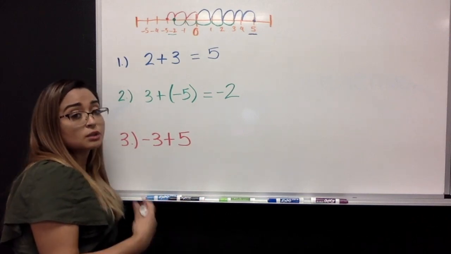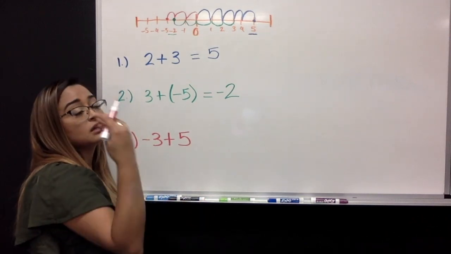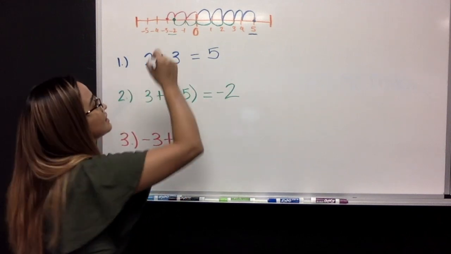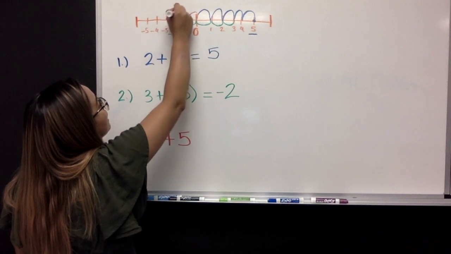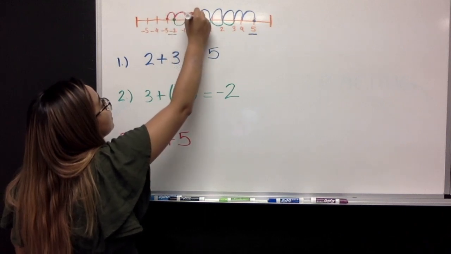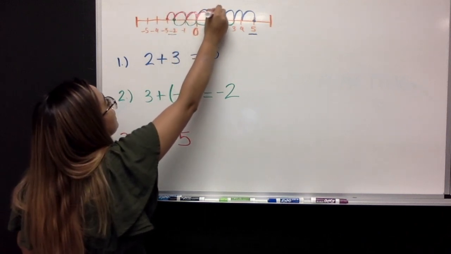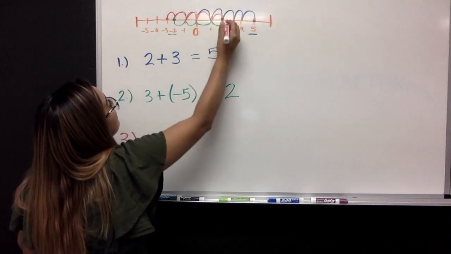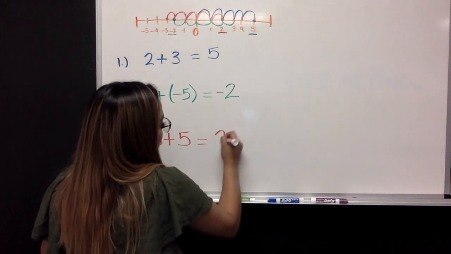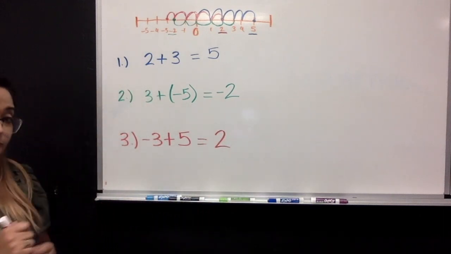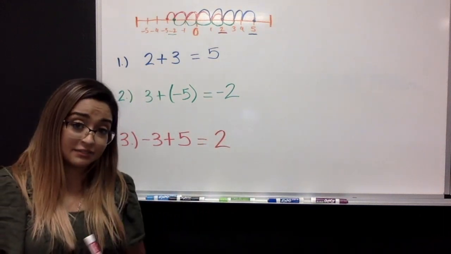So we're going to go to the positive way, which is to the right. So we start at -3 and we go 1, 2, 3, 4, 5. So our answer is 2. But it's a positive 2.